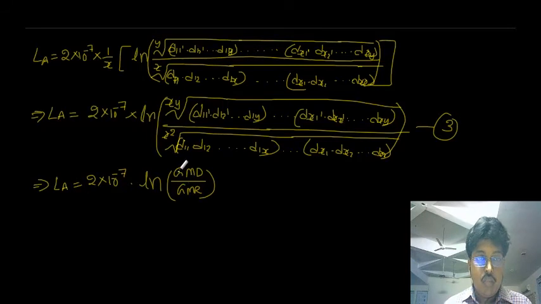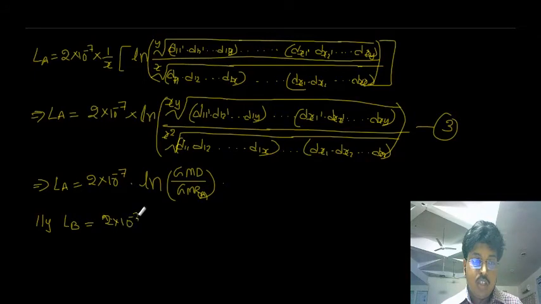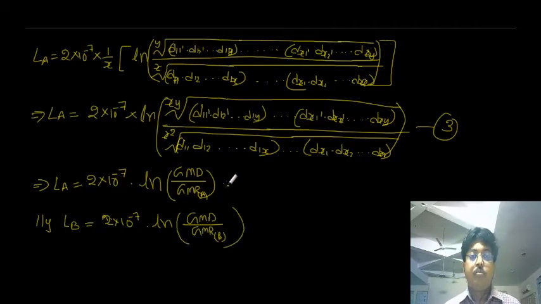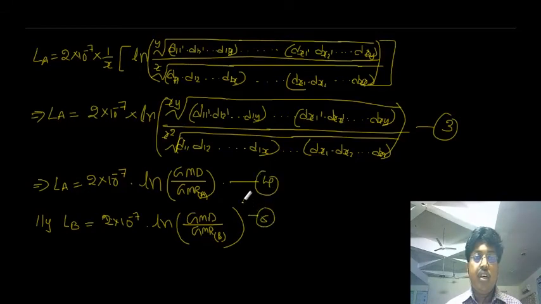Now similarly, if you obtain this equation for conductor B, you will get 2 into 10 power minus 7 into logarithm of GMD by GMR B. These will be taken as equation 4 and equation 5.